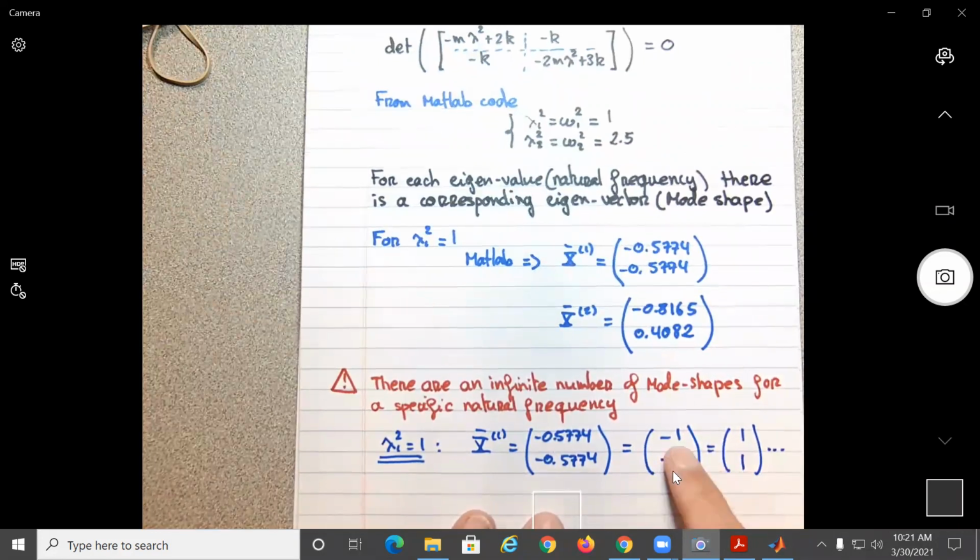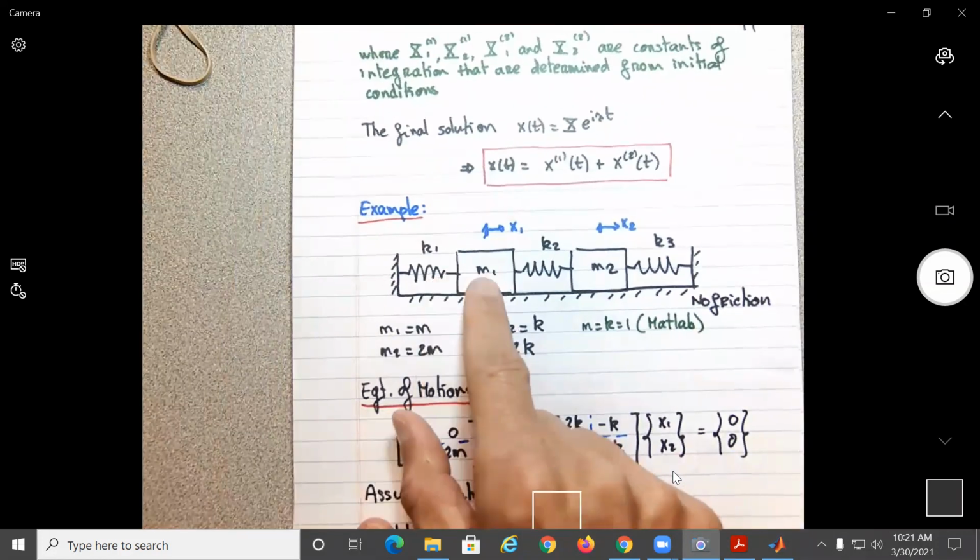If this one moves minus 1, this is going to move minus 1. If this one moves minus 0.5774, this one's going to move minus 0.5774. But guys, this just tells you what the behavior is, but that doesn't tell you what is the distance that this is going to move. Do you understand this part?